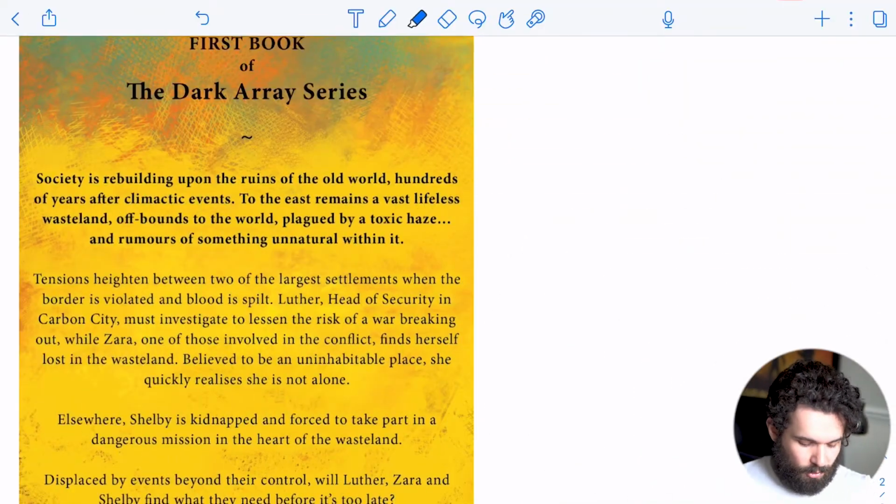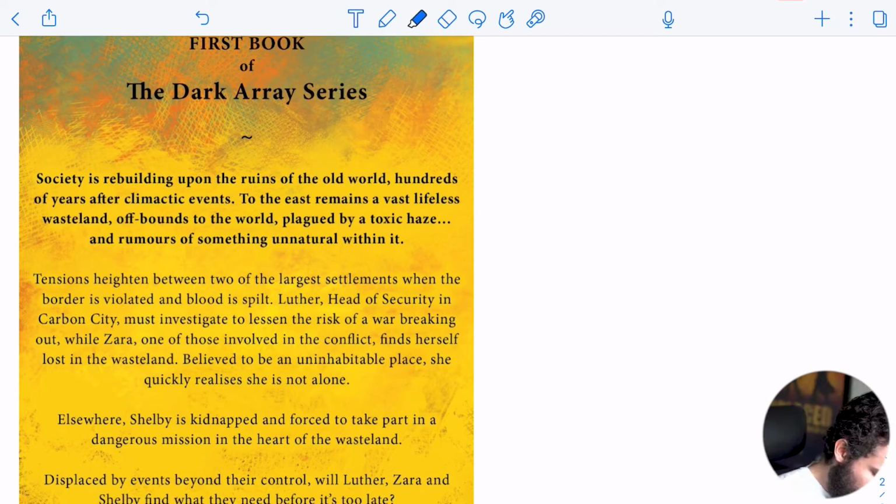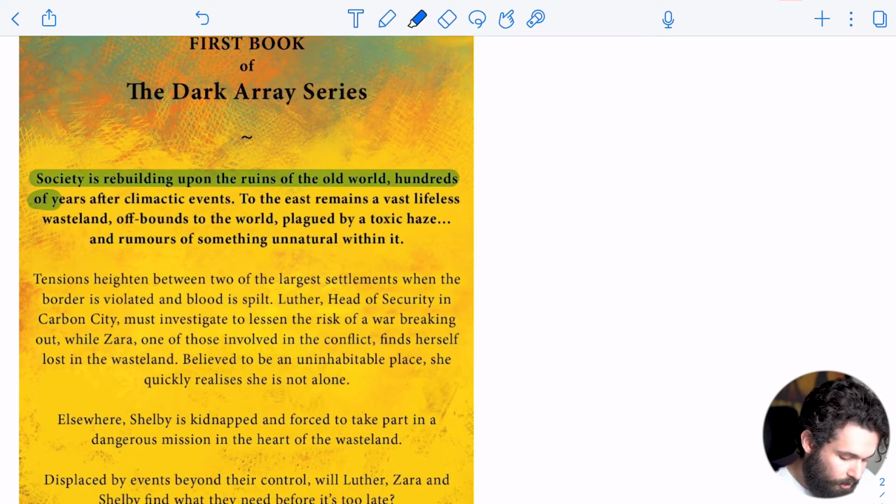But yes, if we focus on the actual synopsis, this first sentence that we have here definitely signals to me that there is a change in scene, simply because of the vast lifeless wasteland that is mentioned in the second one. So the next one is: to the east remains a vast lifeless wasteland, off balance of the world, plagued by toxic haze and rumours of something unnatural in it.